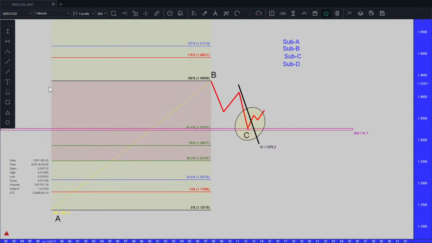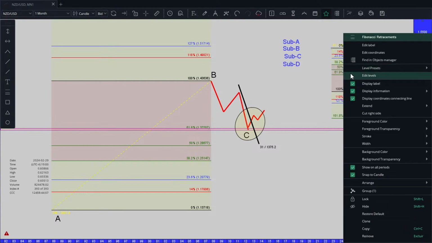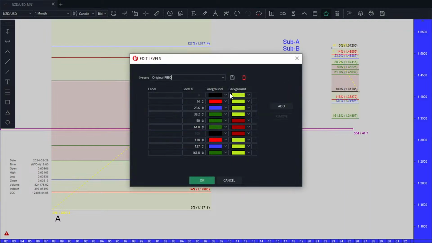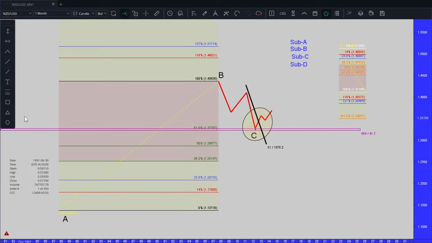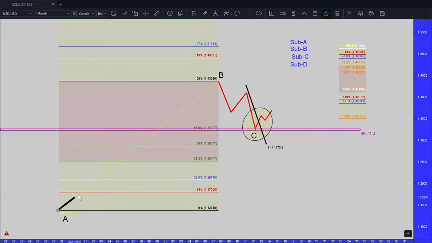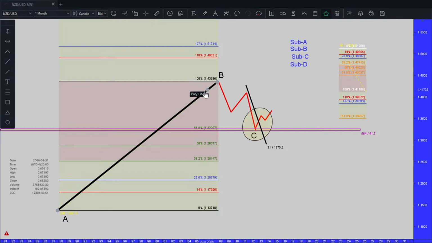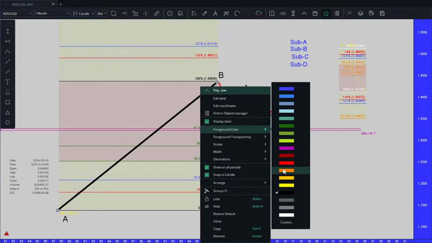If that's my original Fibonacci, then my contrarian Fibonacci, just for the sake of visual, I'm going to change the colors, all right? And again, you can get artistic. So there you go. Now, look at the sequence, everybody. And we're going to do something like this, A to B.